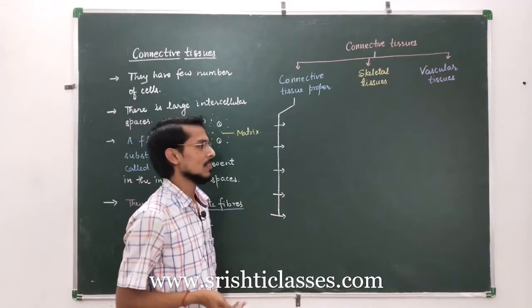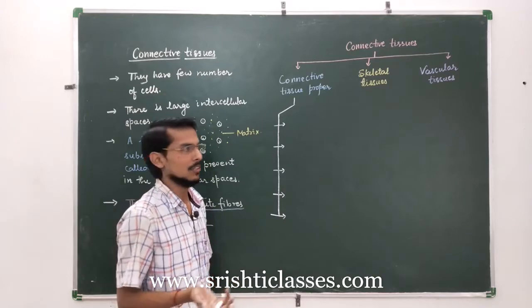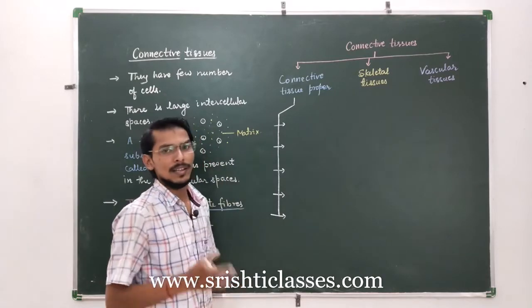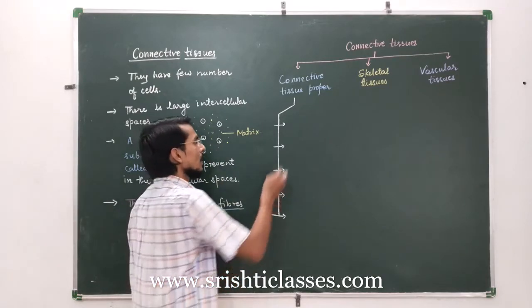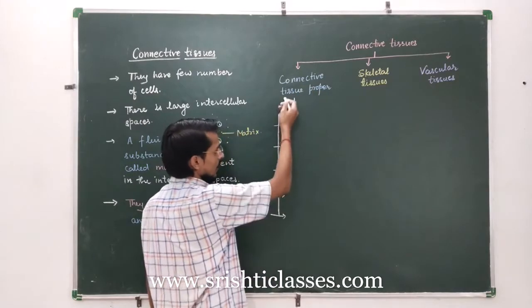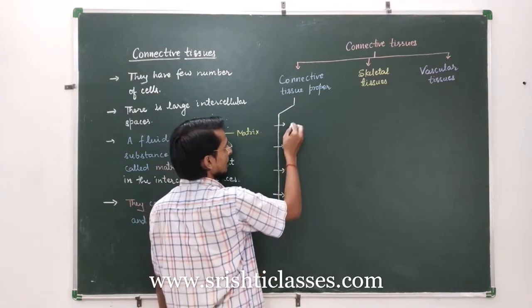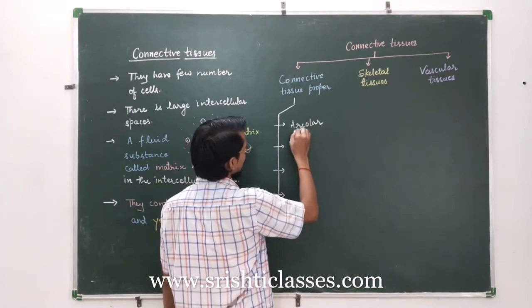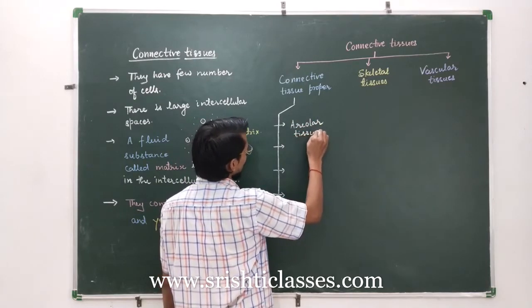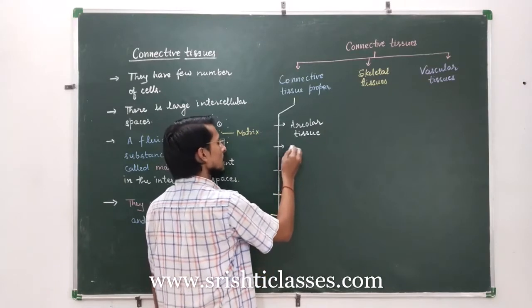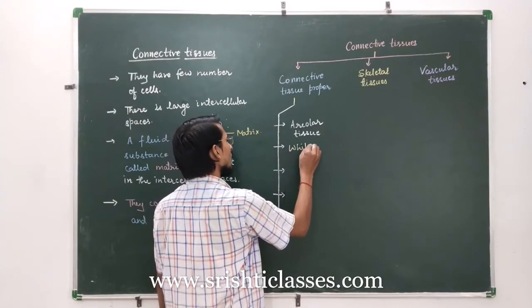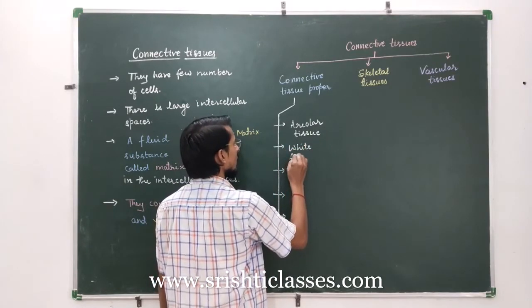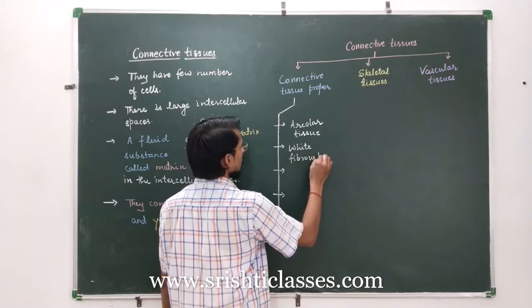After that we can discuss the properties of that particular category of tissue. Okay, so connective tissue proper is further classified into 5 categories. Number 1 is areolar tissue. Number 2 is white fibrous tissue.